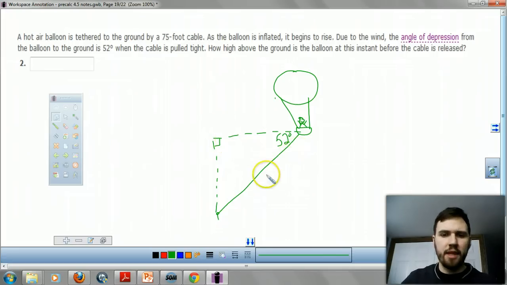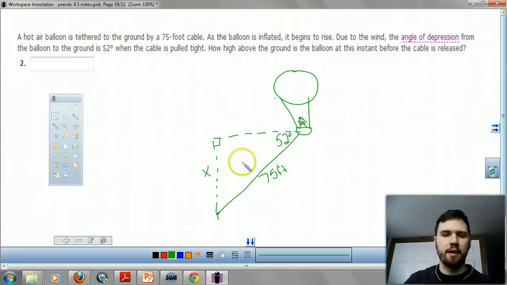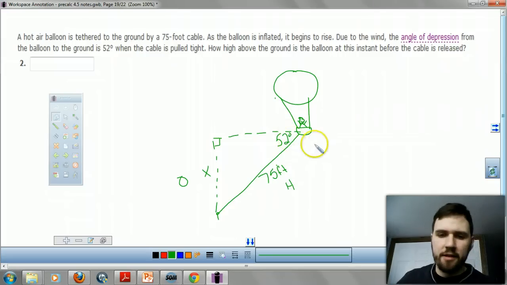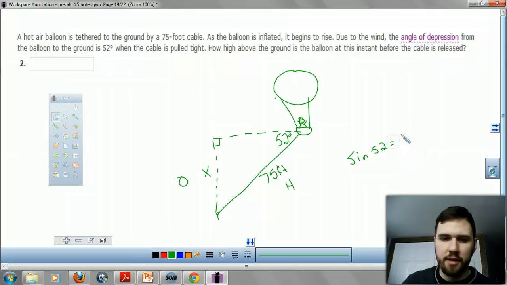Okay. It's hooked by a 75-foot cable. How high is this crazy guy in this balloon? Okay. So we have an opposite and a hypotenuse, so we're going to use sine. So sine of 52 equals our opposite over our hypotenuse.